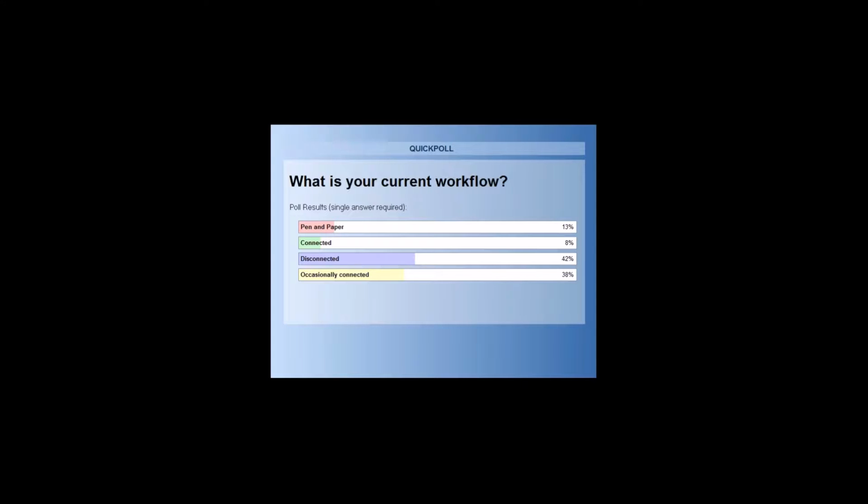An interesting statistic is though the level of pen and paper still there in the field, and at a very basic level, that's what we as a business are trying to promote, is simple, easy to use workflows to try and remove the double handling of data when you're capturing information with pen and paper. In fact, we still see it as one of our largest competitors. Okay, so if we've got time at the end, we will have another poll regarding more specific software usage, but I'll continue for now.